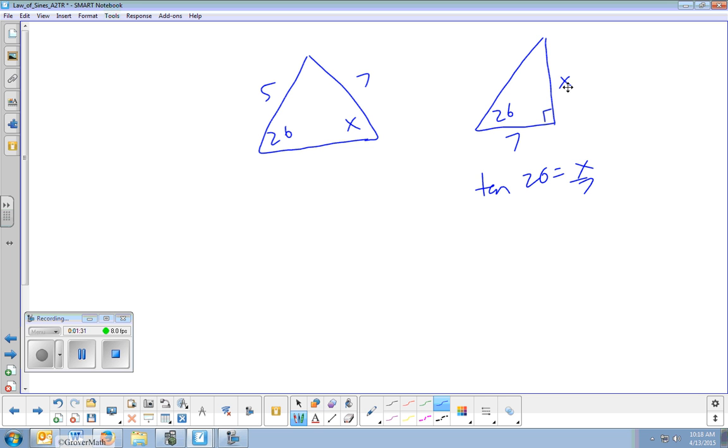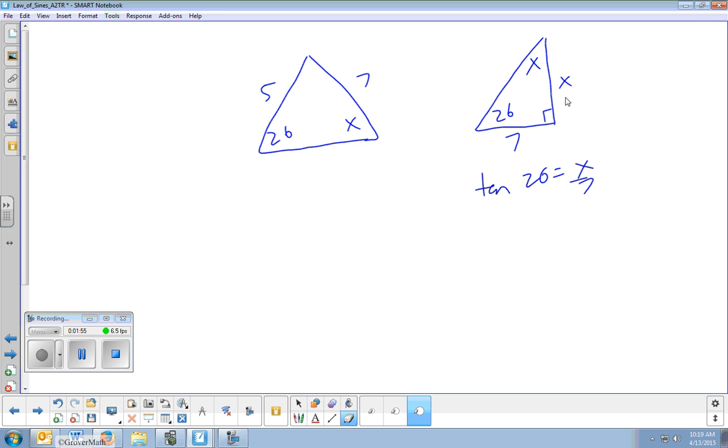I could cross multiply, and I could get x right there. So you could do just basic SOHCAHTOA trig stuff that you learned in ninth grade to find missing sides. And if I wanted to find the missing angle, you can do inverse tangent and stuff like that. But those basic trig laws that you learned years ago, they only work for right triangles.